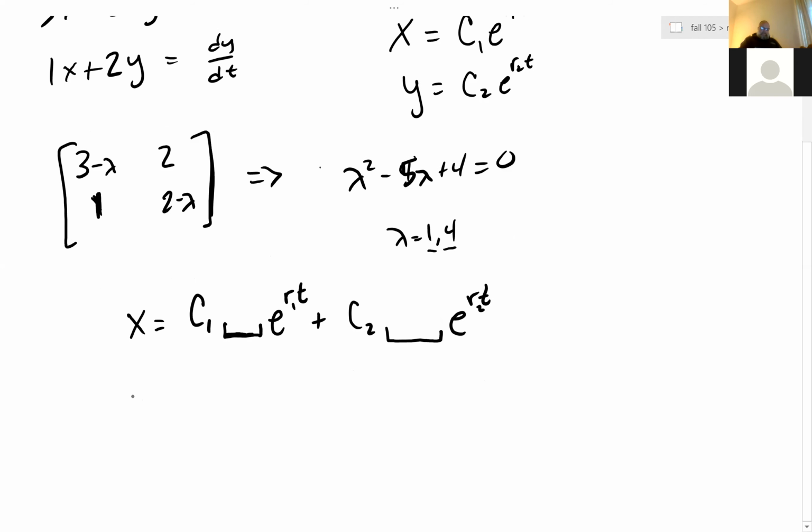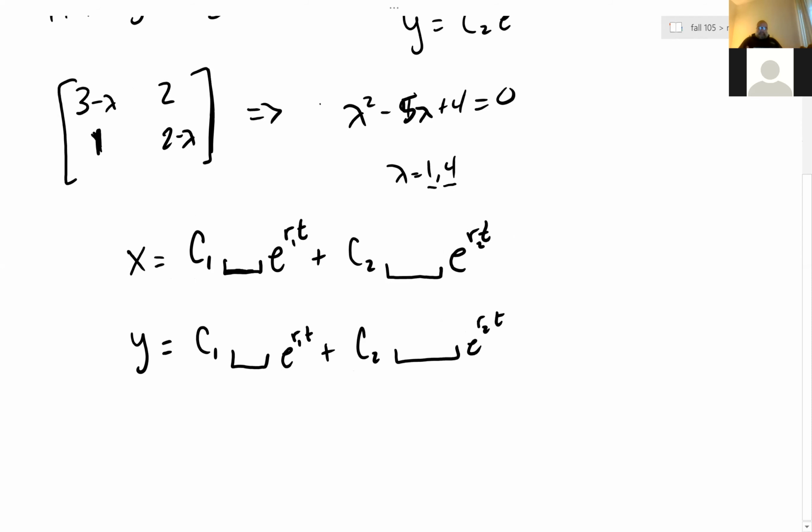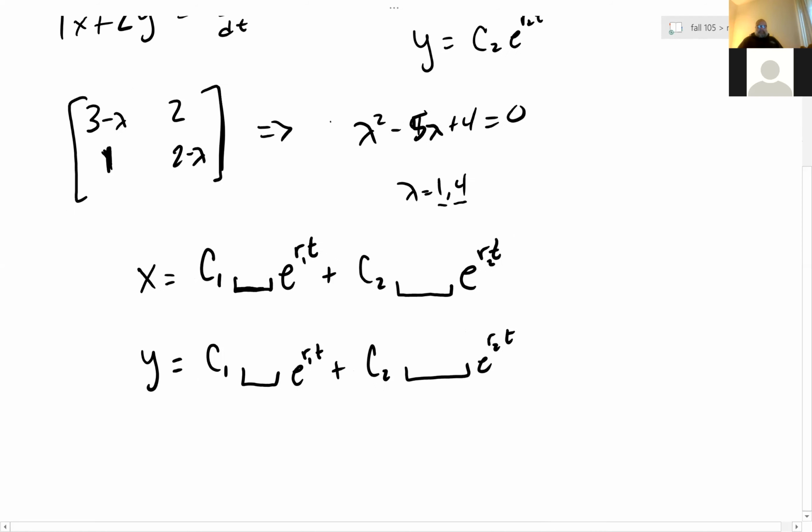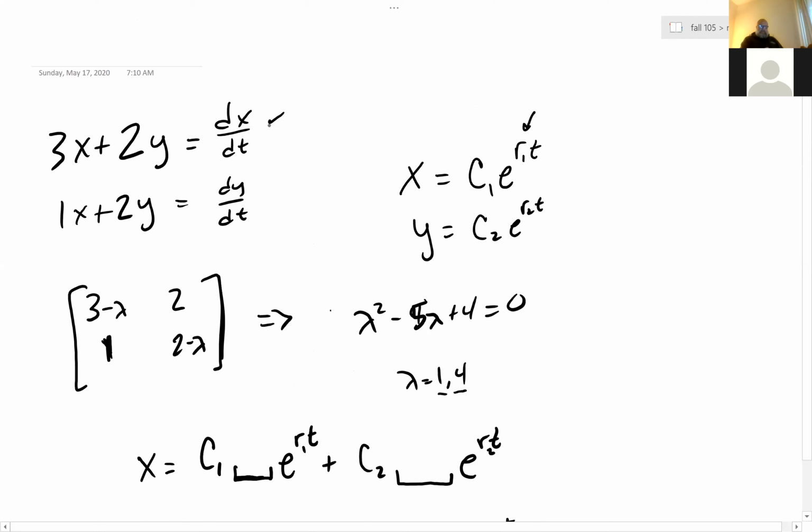And y will be similar to it. And why did I leave that blank spot? Because when you walk into a situation like this, you know how x is changing and you know how y is changing. Well, think back. That's all you did in Calc 1.